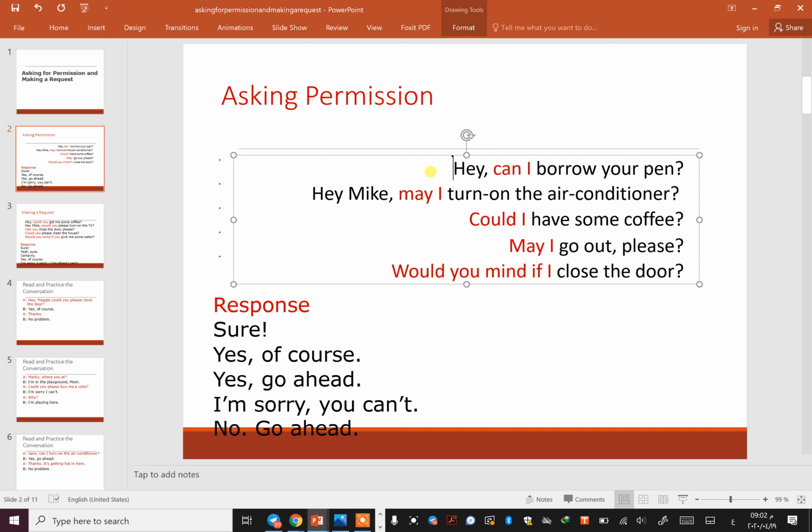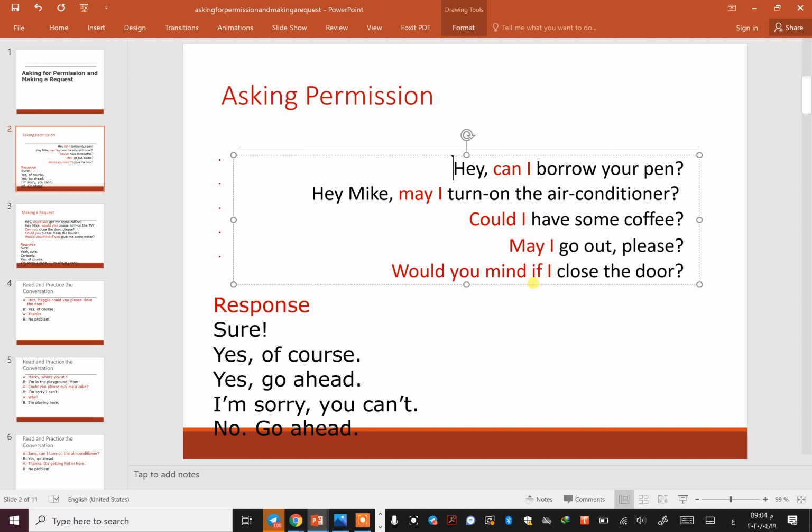Would you mind if I? هنا permission فأكيد راح يكون subject I. So would you mind if I؟ هنا نقدر نستخدمها for actually most of the time informal or formal, لكن more like formally تكون رسمية may I and could I. Would you mind if I, this is for permission.